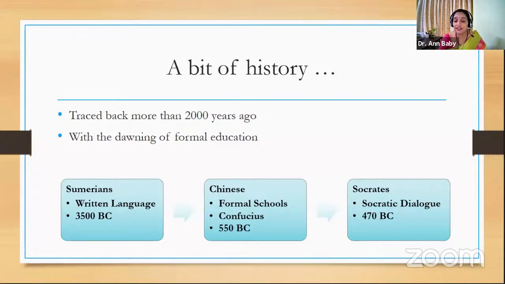It was in 550 BC that Confucius, the great philosopher of that time, came up with a concept called questions and answers. Somebody would ask a question and then the others would answer it. And then there would be a debate, an argument, and so on. So those were the initial ways in which learner-centered teaching was in the early days.